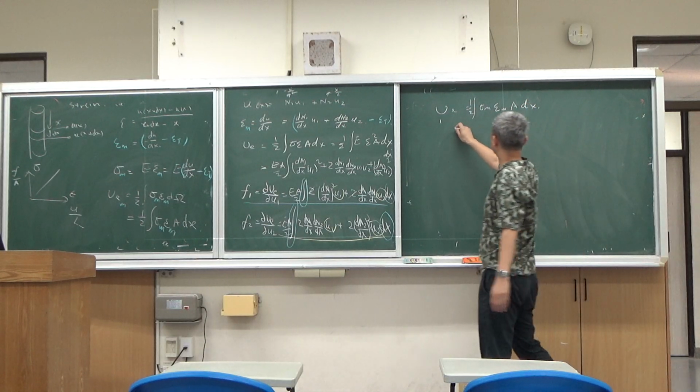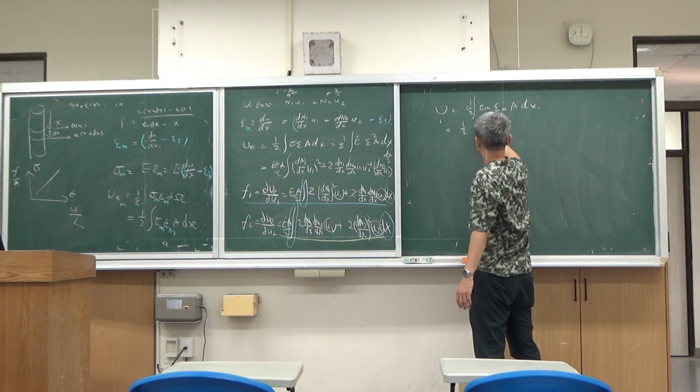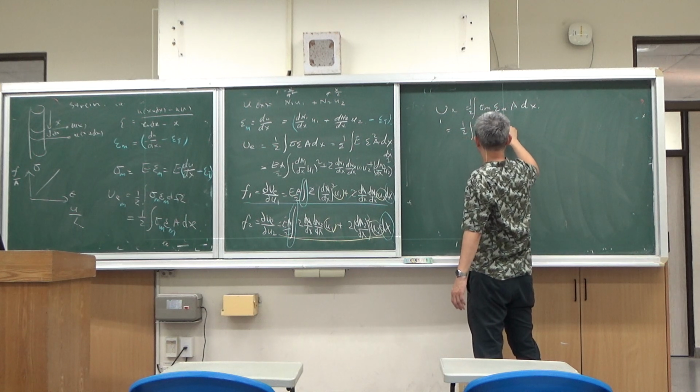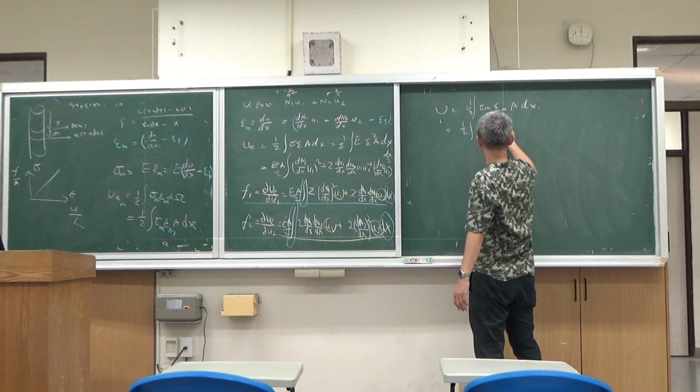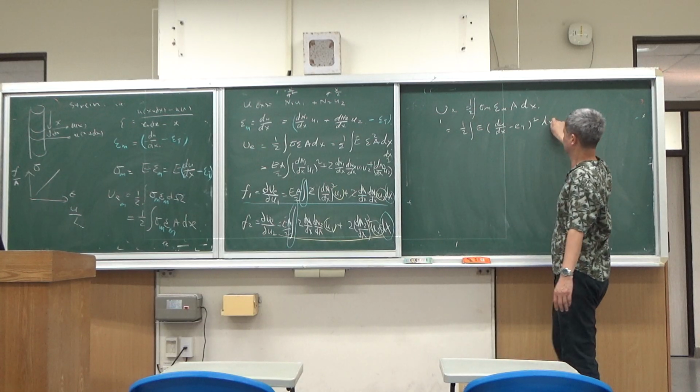So this expression, I can write as Young's modulus times the total mechanical strain, which is the total strain minus the thermal strain, squared.